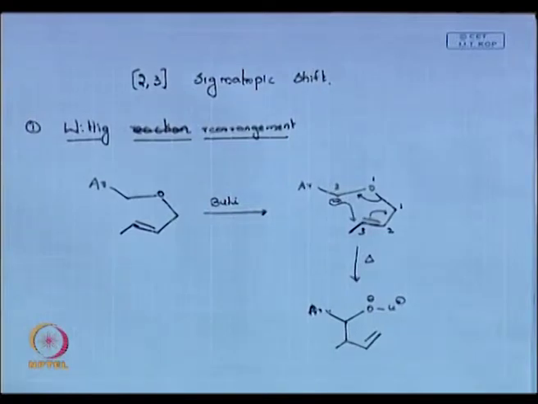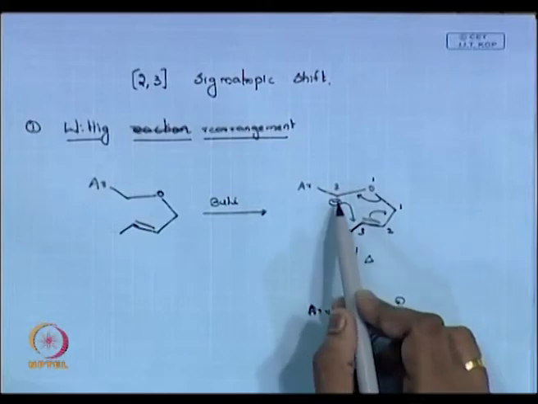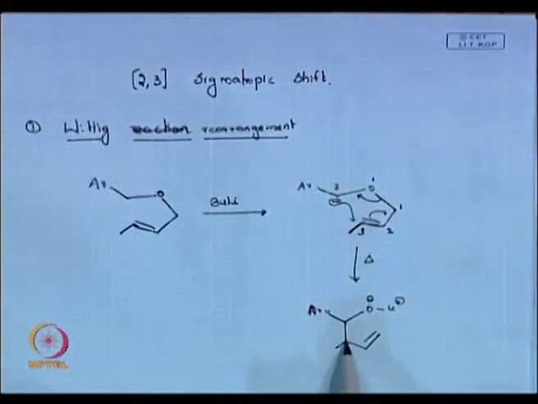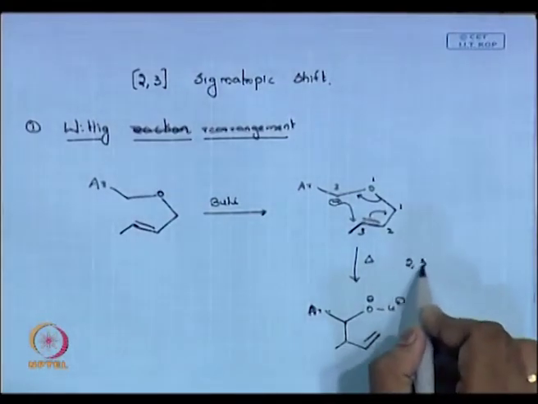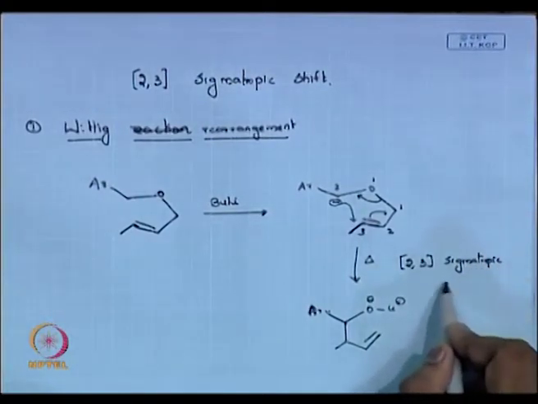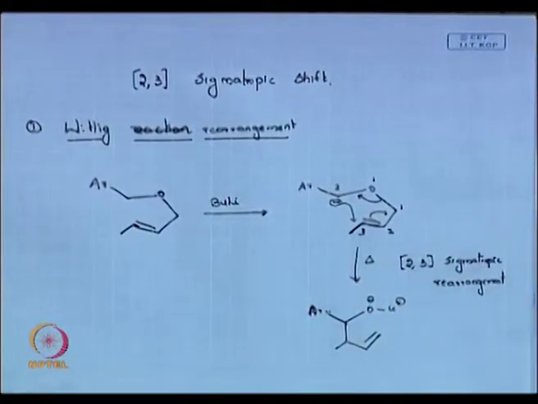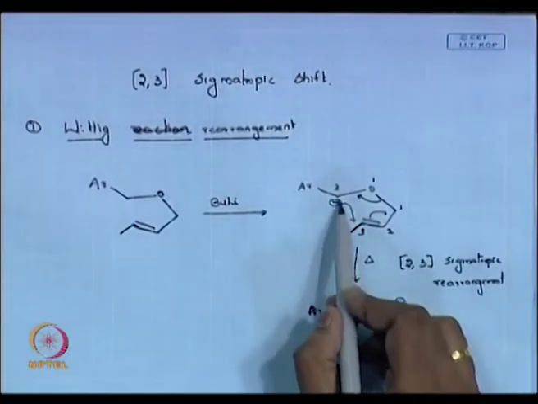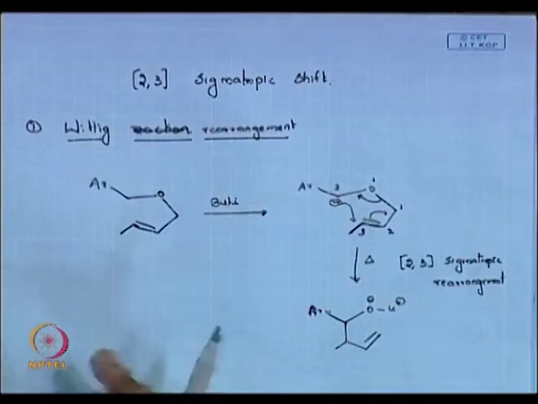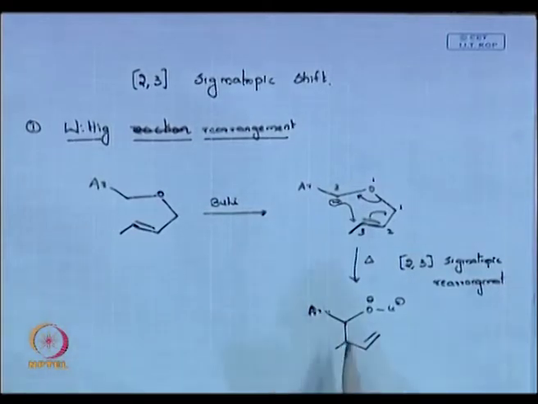Right. So, now where is the new bond formed? Your new bond is formed between 2 and 3, right. So, the second and third position. So, that is why you call this a 2, 3 sigmatropic rearrangement. Because when I ask people to write an example of 2, 3, no one writes 3, 3. You just need to know where n and m form the new sigma bond, and this is the best example for your Wittig.